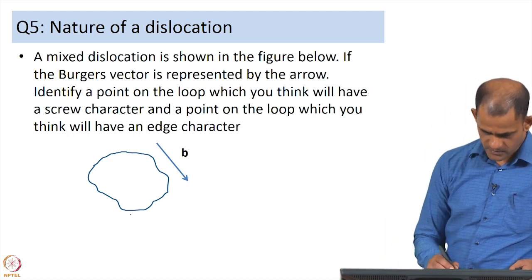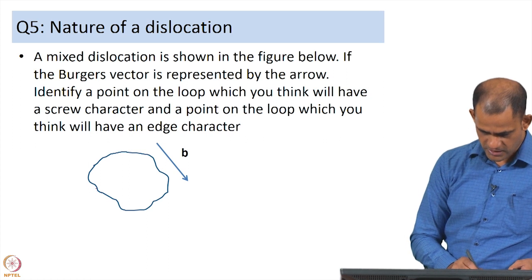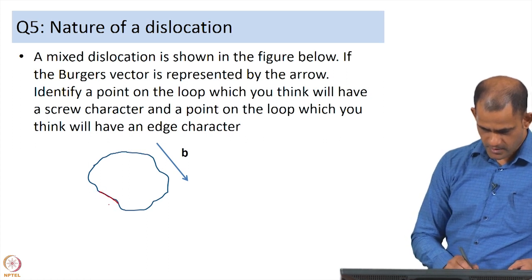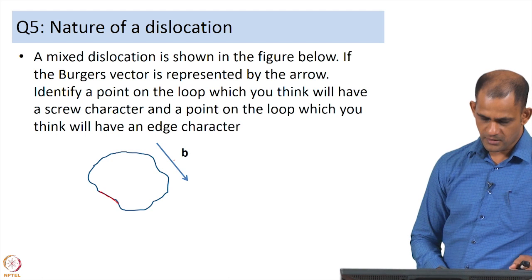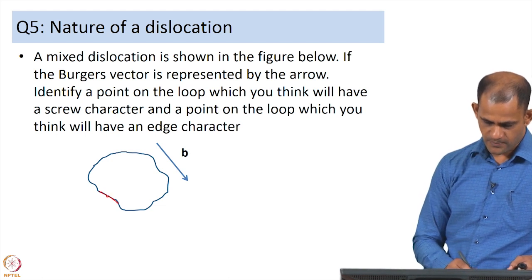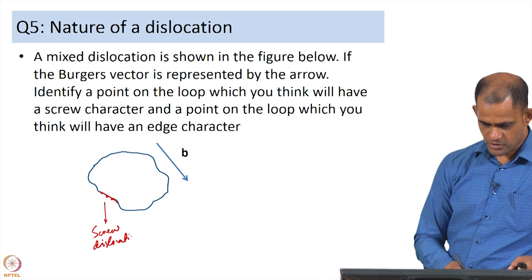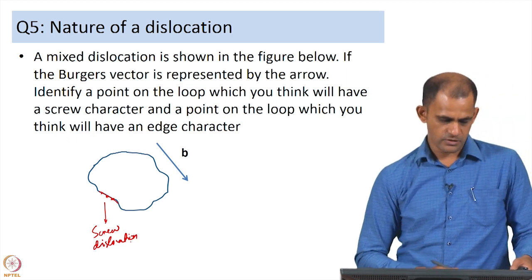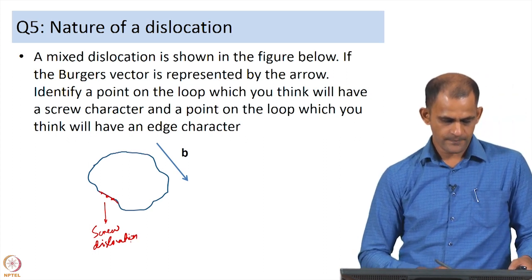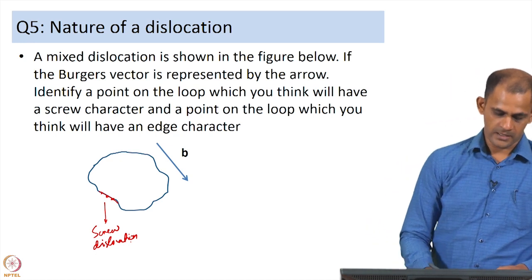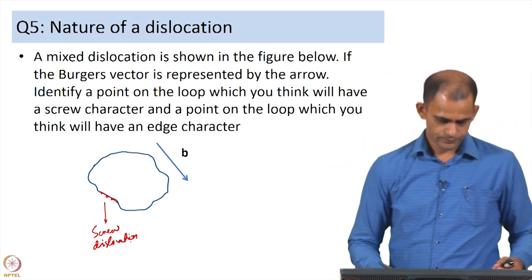This segment of the dislocation will be more or less parallel to the Burgers vector, which means any point on this segment can be called a screw dislocation; any point on that segment will have a screw character.